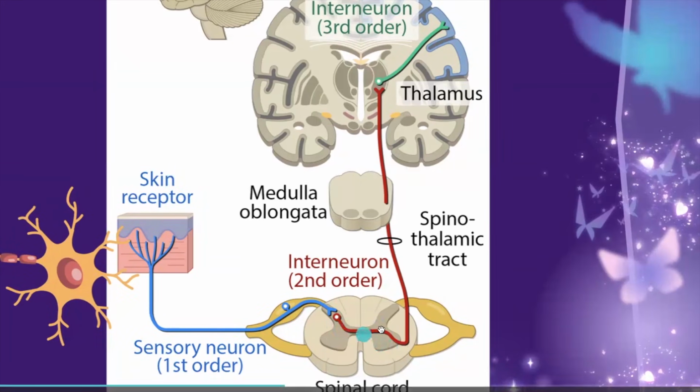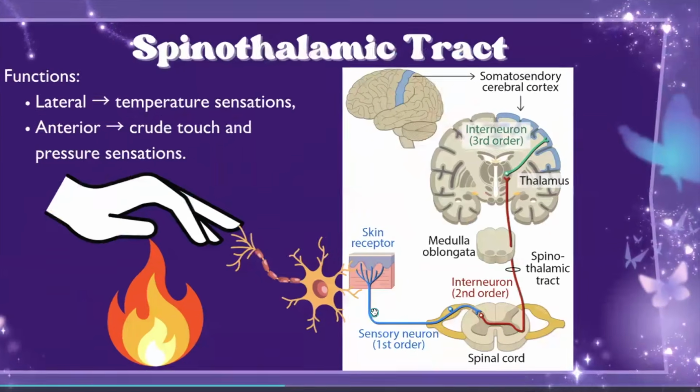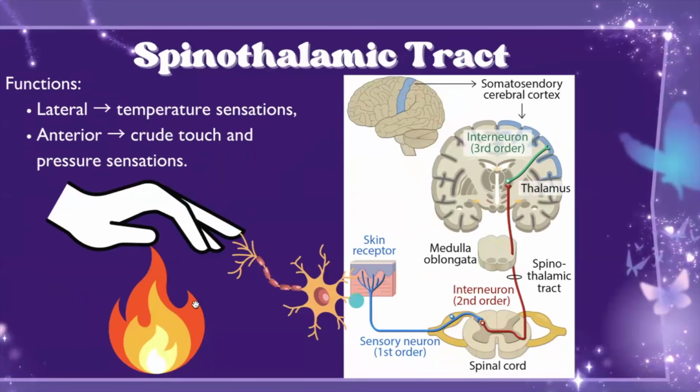Now, they're going to cross, and I just want to explain something. Here we said it was temperature, right? The pathway that carries temperature sensations is the lateral spinothalamic tract. So let's say these neurons are carrying pain and temperature sensations.